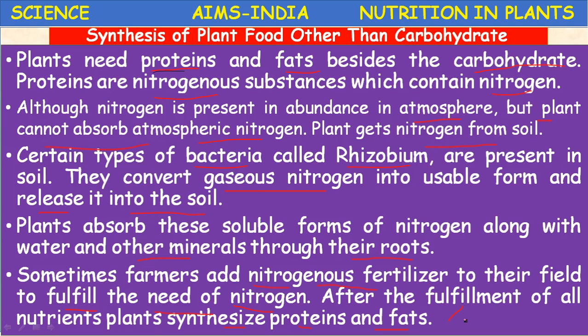That nitrogen requirement can be fulfilled or supplemented by adding fertilizers to the soil. If the soil is fertile, then it contains more nitrogen. If the soil loses fertility after every crop, then the farmer has to add supplementary nutrients in the form of fertilizers.